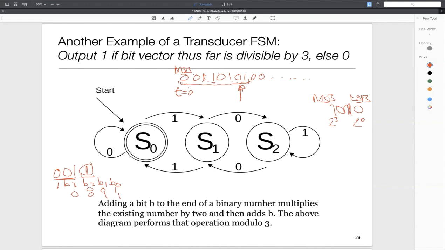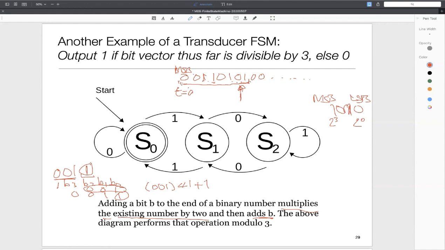That is equivalent to saying that I take the old number, which was 001, I shift it left by 1, and then I add the new bit I got. When I'm inserting to the right, mathematically, the operation is equivalent to taking the existing number and multiplying it by 2, and then adding the new bit I got to it. Does everyone agree with that?